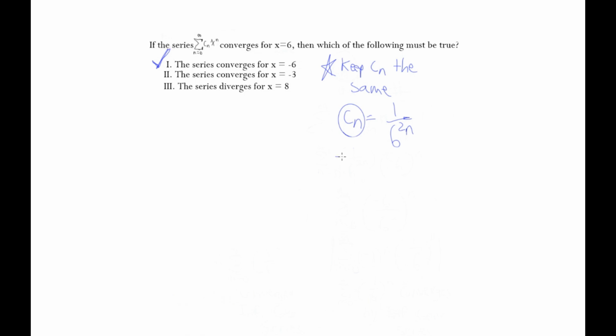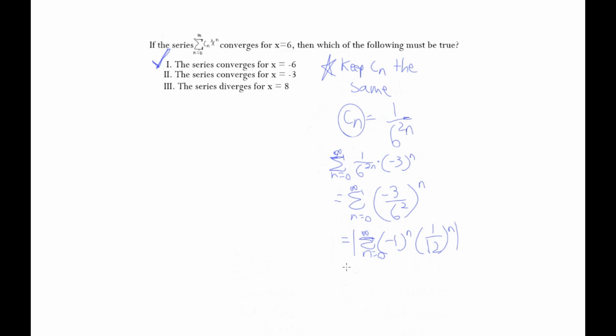And so for the next one, we'll replace x with negative 3 now. Same process, turn it into a geometric series. 3 over 36 is 1 over 12. Factor out the negative 1. First, we need to take the absolute value again. Jumped the gun there.